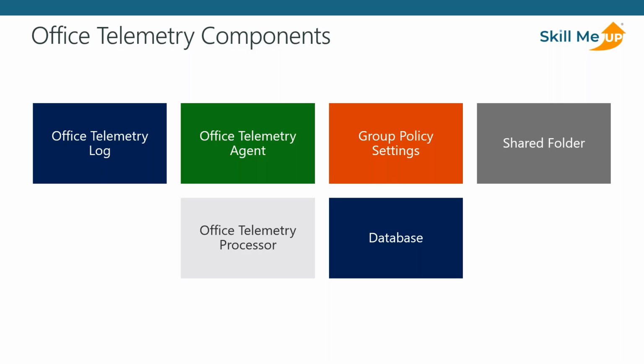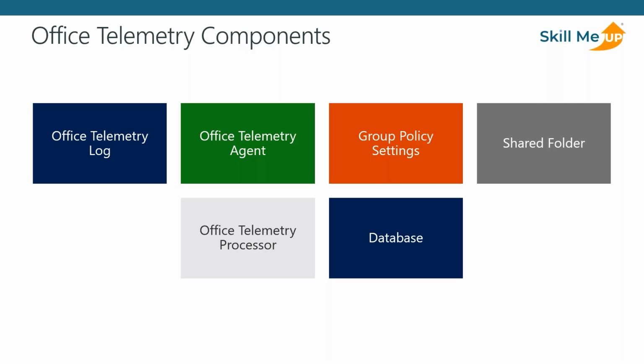You can enable and configure the agent for each client as part of the Office 16 ADMX and ADML group policy templates that are available. They are available at the Microsoft Download Center, and they get added inside the administrative templates for Microsoft Office 2016. The shared folder is the location where the data is stored.